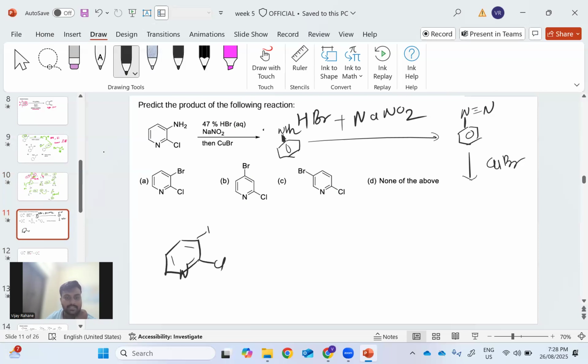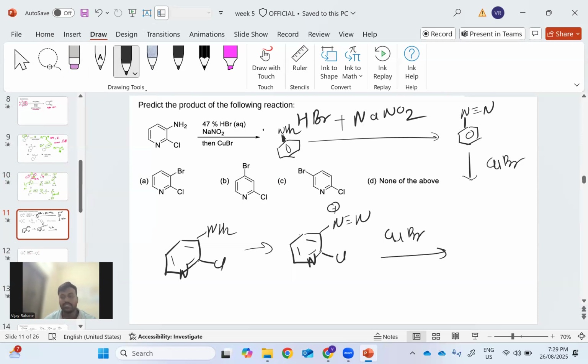As I have mentioned earlier, this NH2 group converts into the N triple bond N group. This is N2 positive. And now we have CuBr. So what happens with this CuBr?